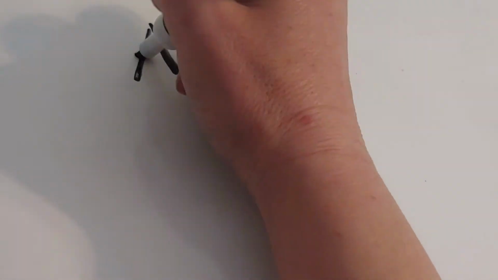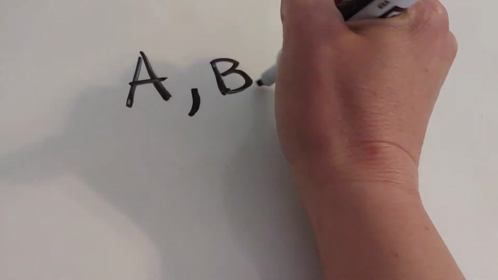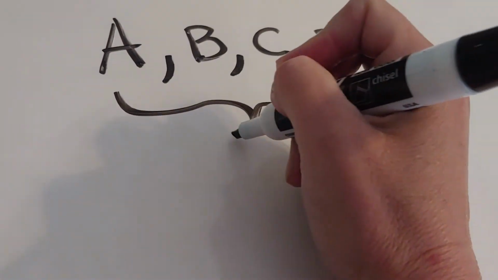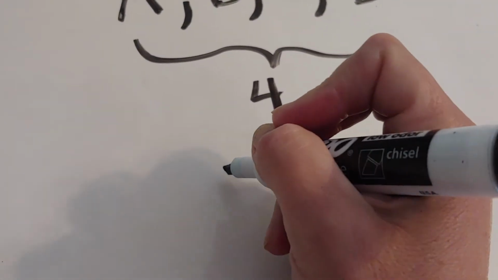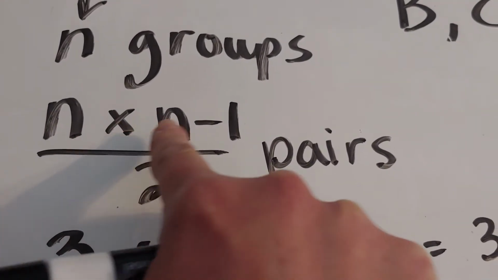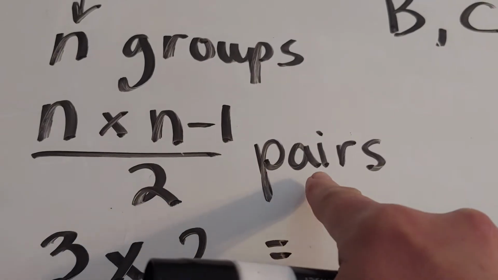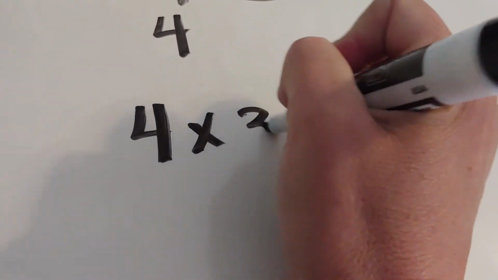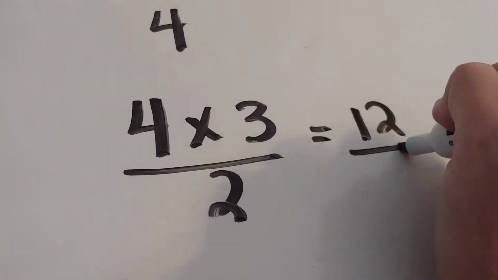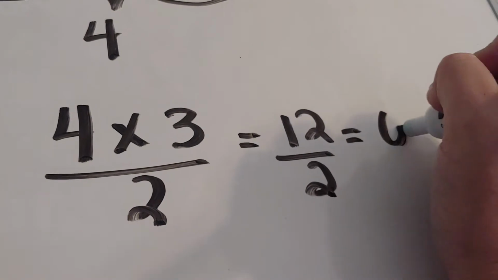So for example, if we had 4 groups, A, B, C, and D. According to our theorem, it's 4 times 3 divided by 2 pairs. So I should expect 4 times 3 divided by 2, which is 12 divided by 2, which is 6 pairs.